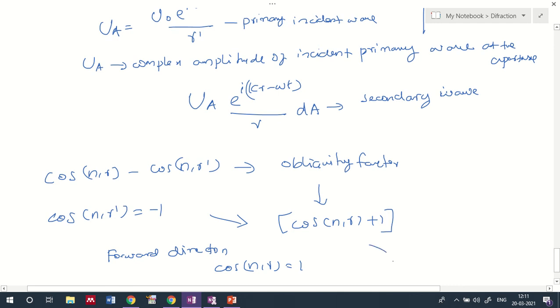In that case, if cos n r dash is equal to minus 1 and cos n r is equal to 1 for a forward direction wave, then the obliquity factor will be 2. This is the maximum value of the obliquity factor.